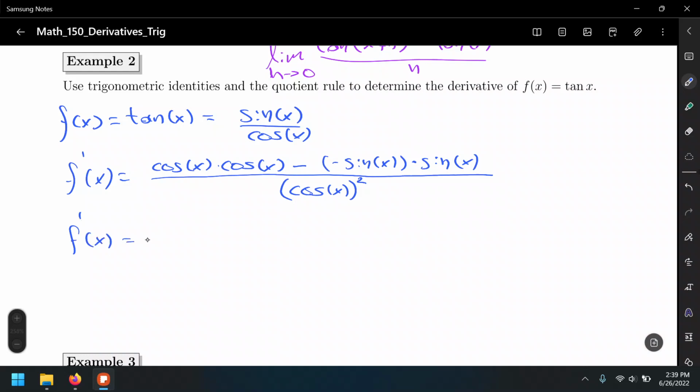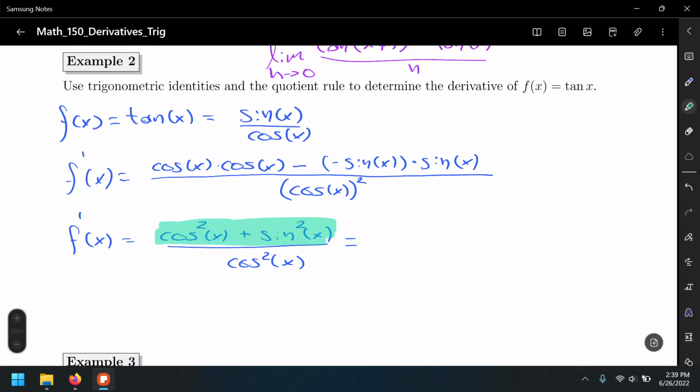Cosine times cosine equals cosine squared. Negative times negative is positive. Sine times sine equals sine squared. And then the denominator, I'm just going to write cosine squared of x. Notice this quantity in the numerator, cosine squared plus sine squared.